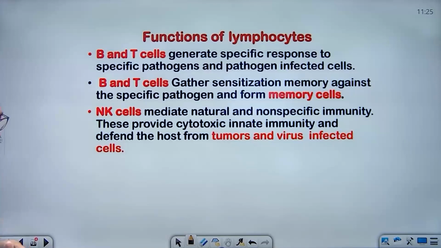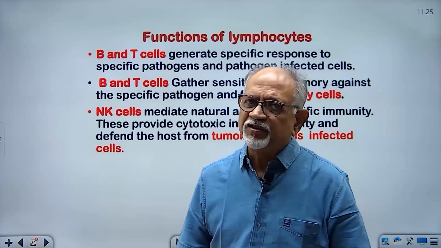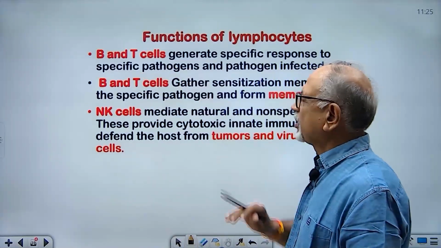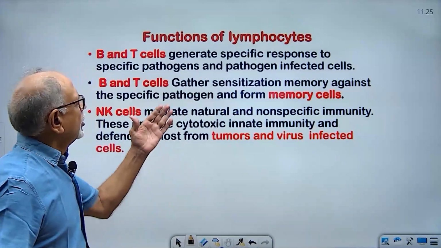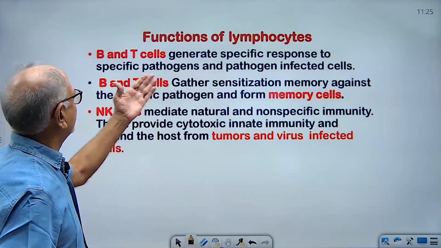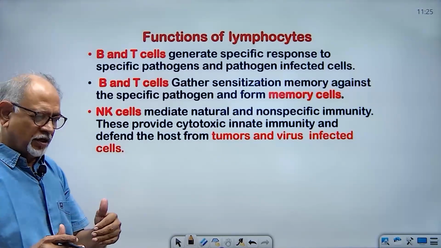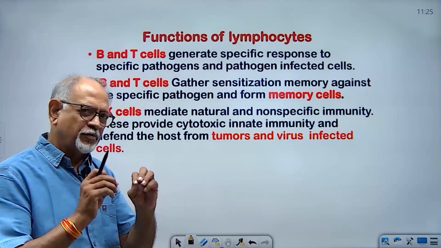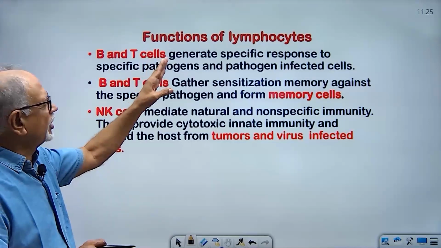Now, type of lymphocytes. Normally, the lymphocytes are categorized into two categories, B lymphocytes and T lymphocytes. These B and T lymphocytes generate specific response to specific pathogens. When one is infected by a specific pathogen, a specific immunity is developed with the help of B lymphocytes and T lymphocytes.